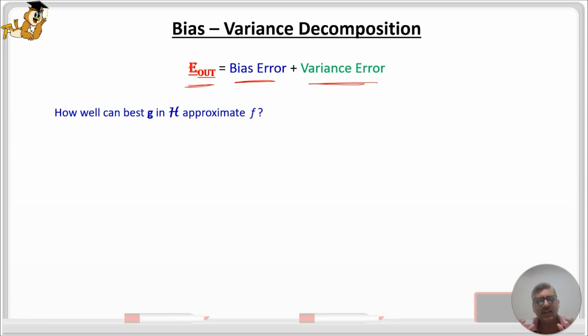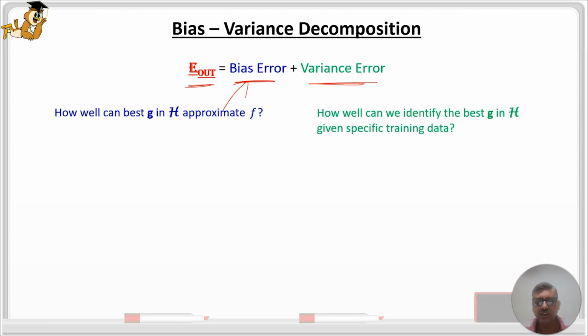How well can that g approximate f? It may not approximate f closely, and the error that results from the best g not being able to approximate your target function f very well gives rise to what is called the bias error.